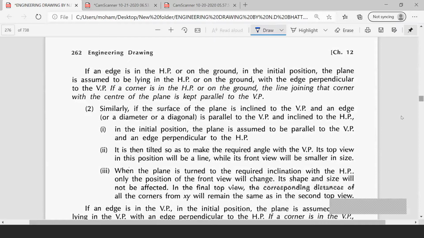Now I am making a 30 degrees inclination. This is the first inclination. The surface is inclined. Understand? The inclination will be visible in VP. I am saying it is inclined to HP means you have to draw the inclination in VP. So I am drawing in VP.